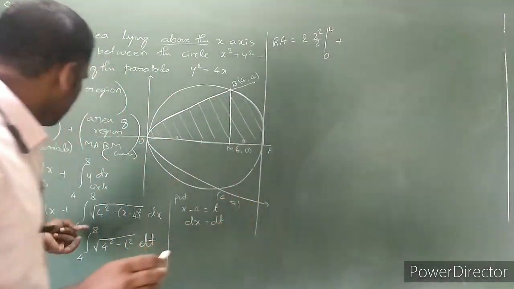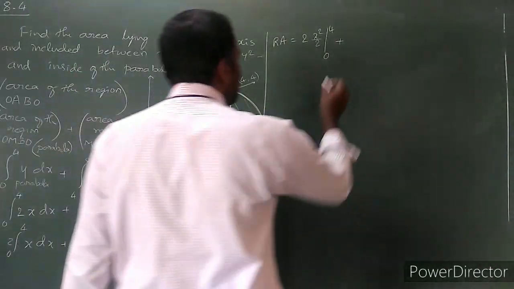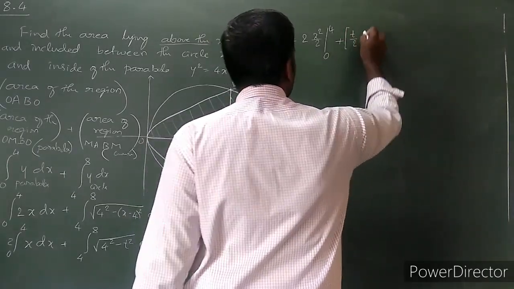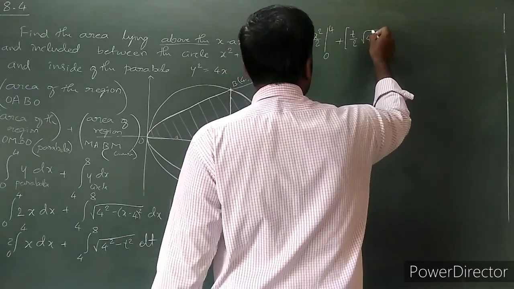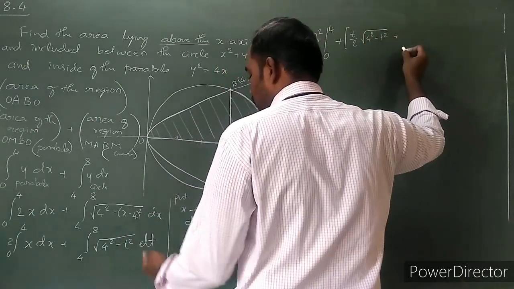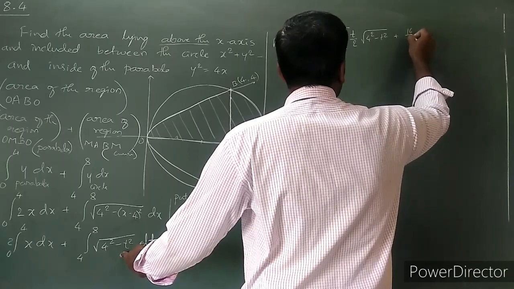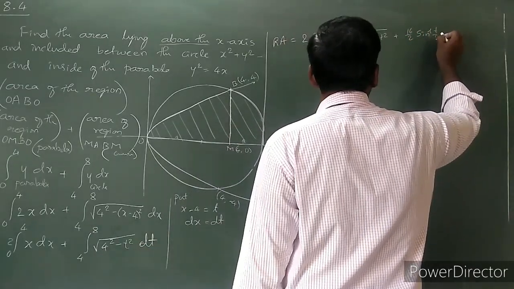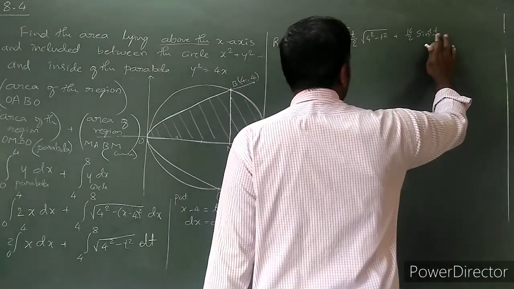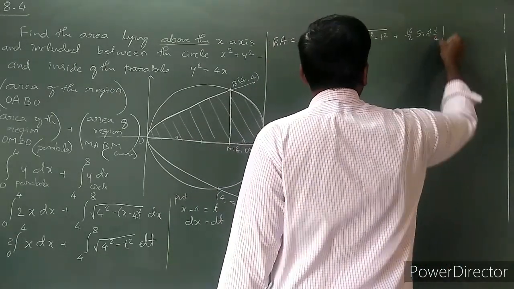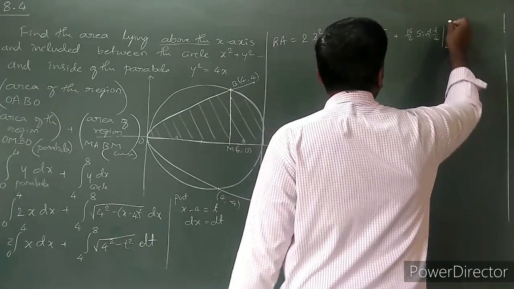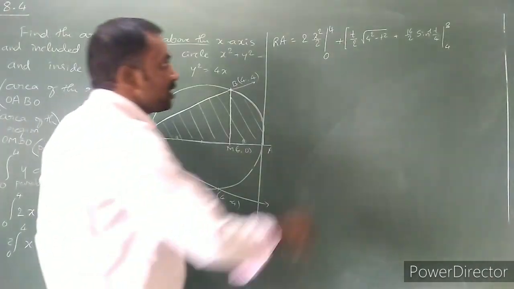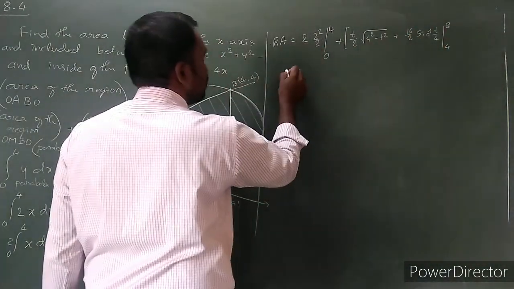Now 4 to 8, x by 2 is nothing but t by 2 into root of 4 square minus t square plus a square by 2, a square is nothing but 16, divided by 2 into sine inverse of x, which is t, by 4, limit from 4 to 8. I have not changed the limit; these limits are for x.